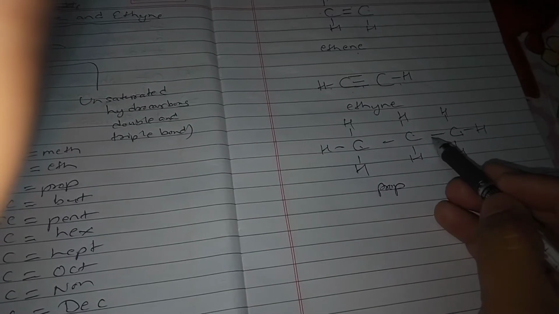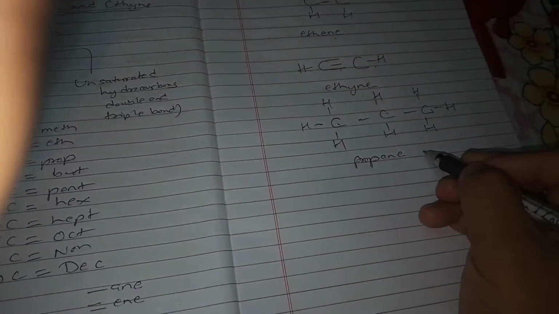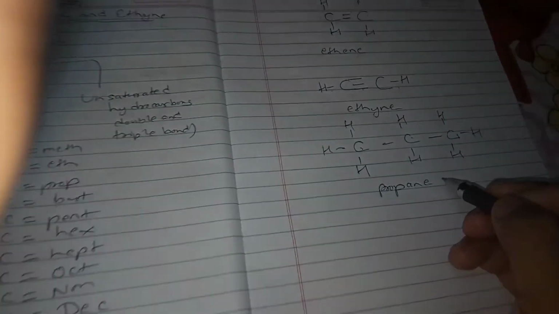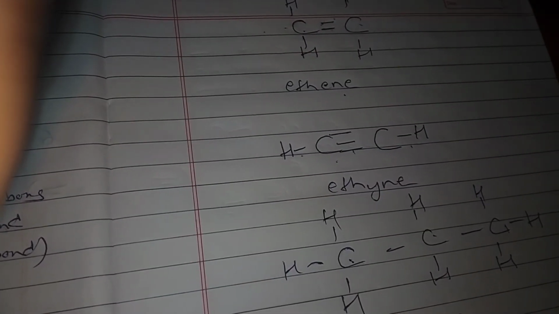And is there a single bond, double bond or triple bond? Single bond means ane, so propane. So what is the name? Propane. So in this way you can name any kind of hydrocarbons. Okay, so this is what we understand about saturated and unsaturated hydrocarbons.